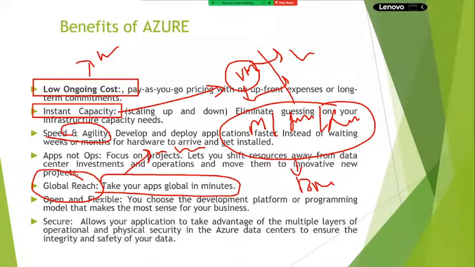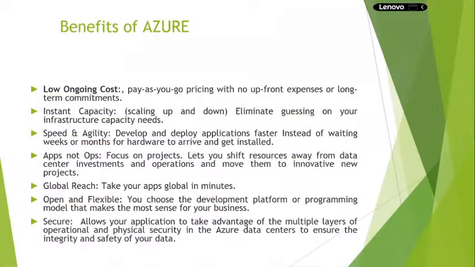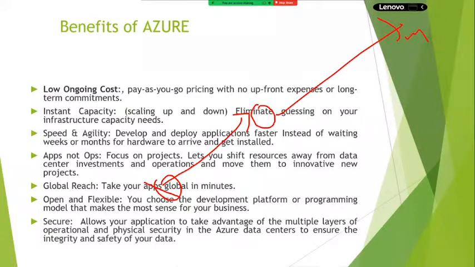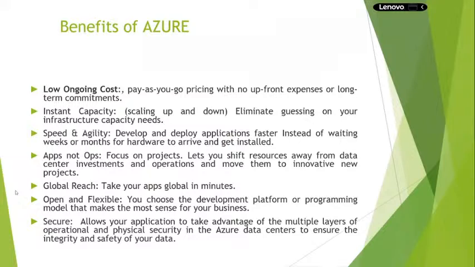Because they are publishing the data across the world to the nearest cache servers. If I access my Facebook, my request will go to the nearest data center, not the main data center. That is how they distribute the content across the globe in minutes.